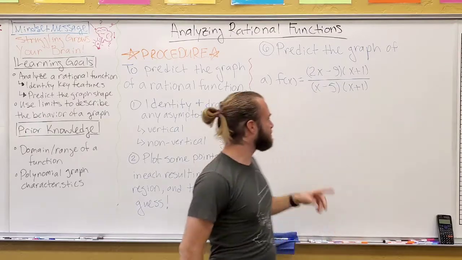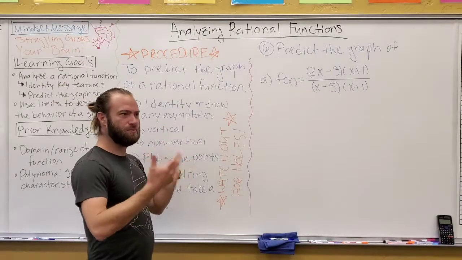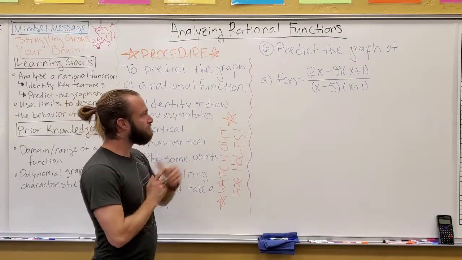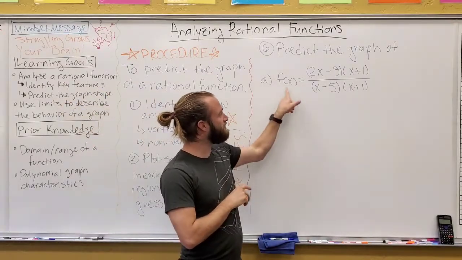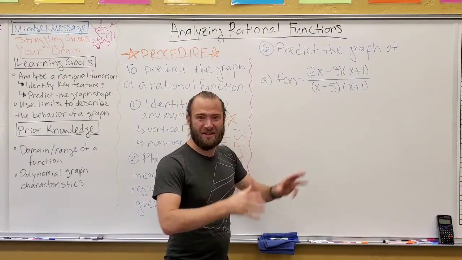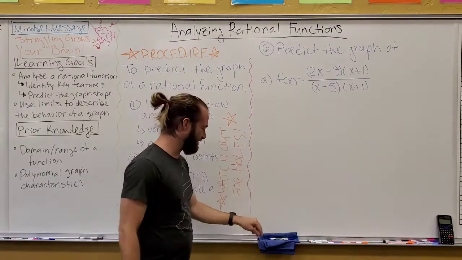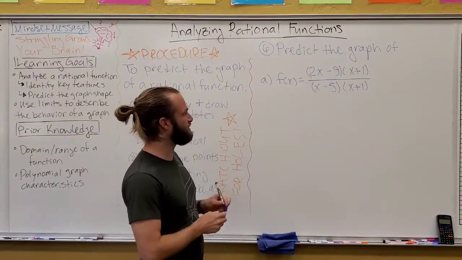So let's use this to transition into our last example, and we'll have multiple problems in this one. First of all, predict the graph of this function. Now, I was a little lazy and I made it already factored for us. Maybe we'll look at another one that we need to factor, I guess, or at least think about if it factors.